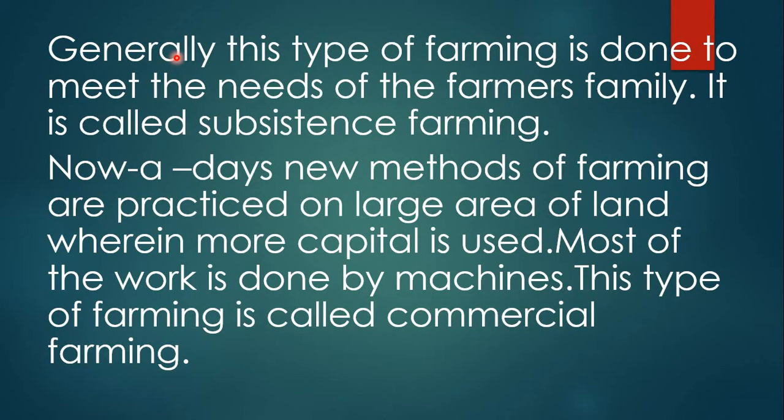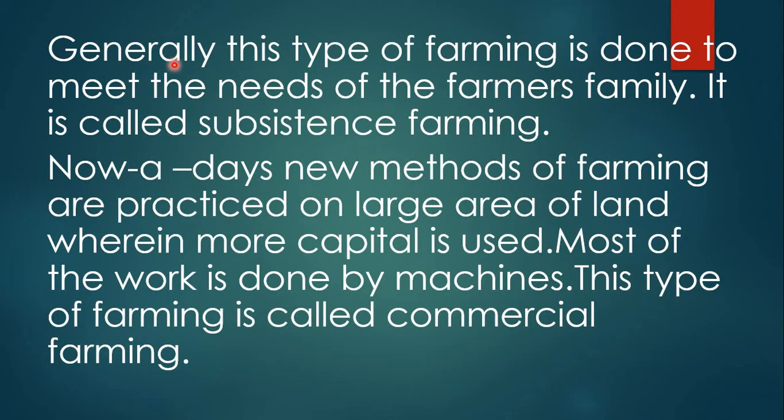Now with the latest technology, we can call it commercial farming, because farming has become mechanized. New machines have come for farming. Therefore slowly the work of the laborers has become less.